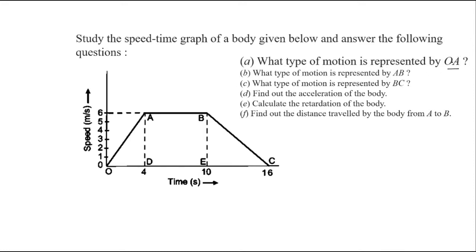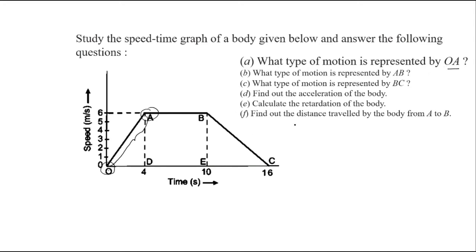So in the graph, where is OA? The point O is here and A is here. So the question is related to this particular line, not here. We have to focus only on OA, and the question is, what type of motion is represented by OA?